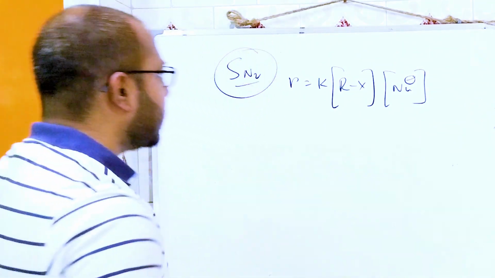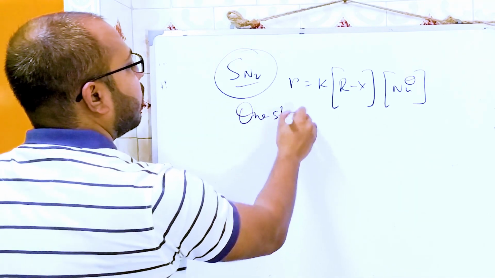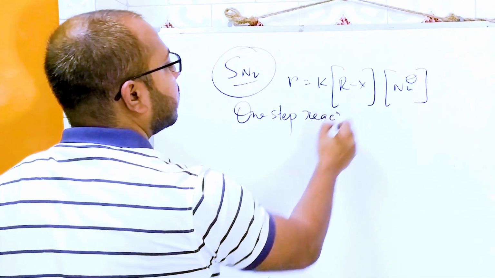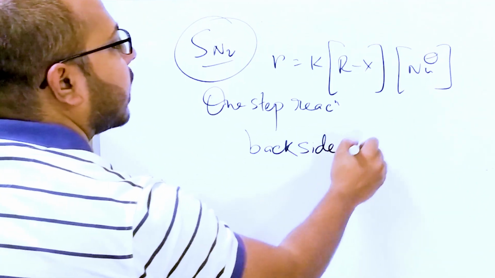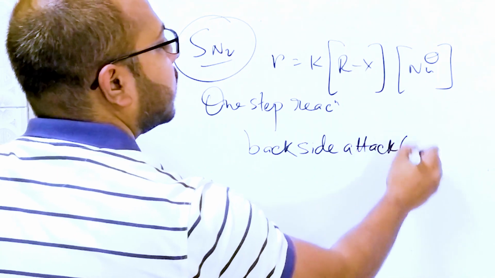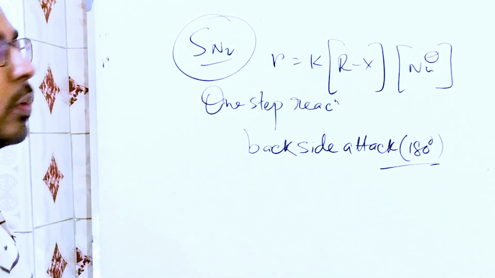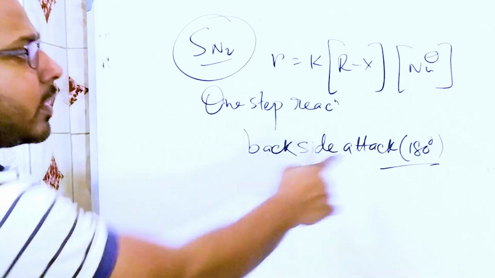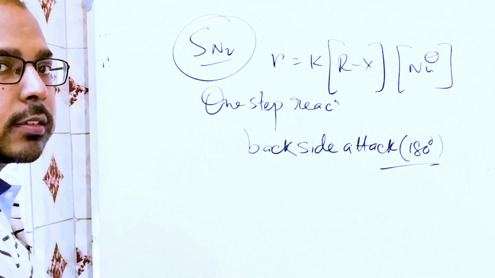Okay, so SN2 is one step reaction, and here backside attack, that is 180 degree attack, takes place with respect to leaving group. With respect to leaving group, 180 degree attack is going to take place.